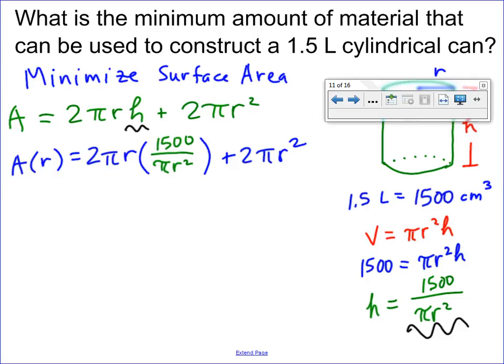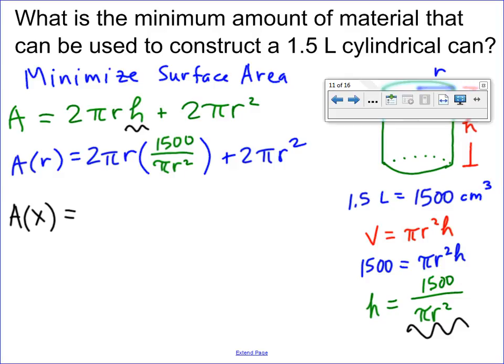Again, I think it's useful to go ahead and do some rewrites to make a simple expression before we do our differentiation. I'm going to, at the same time, make it A of x. We don't have to, but I'm going to. We can do some cancellation here, too. So 2 and 1,500 is 3,000, pi, and one of the r's, so we can at least make it a little simpler.